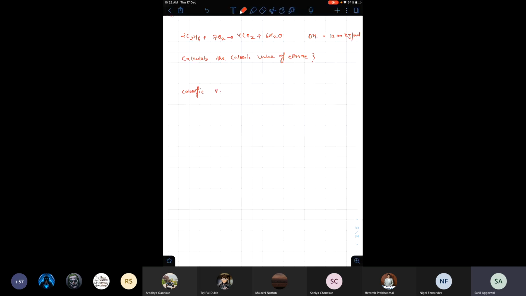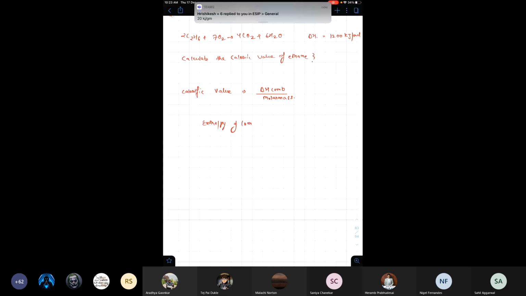Calorific value is enthalpy of combustion divided by molar mass. Enthalpy of combustion is the enthalpy for 1 mole of combustion.